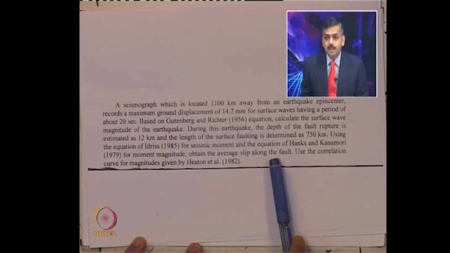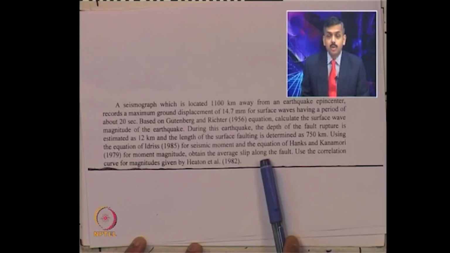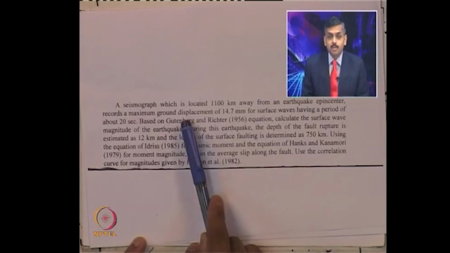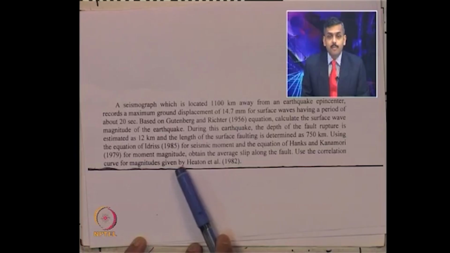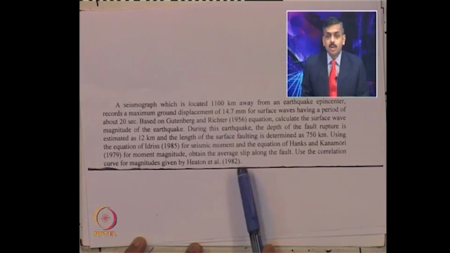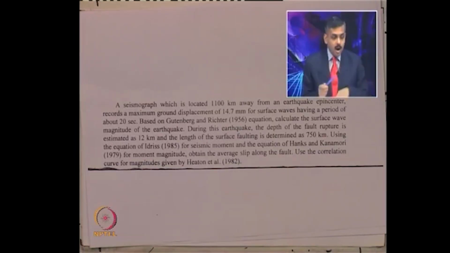That is, this is the other way round. See, it is asking how much will be the amount of fault slip or movement which should be experienced for an earthquake of such magnitude. So, use the correlation curve of magnitude given by Hayton et al. 1982. So, let us see how we solve this problem.